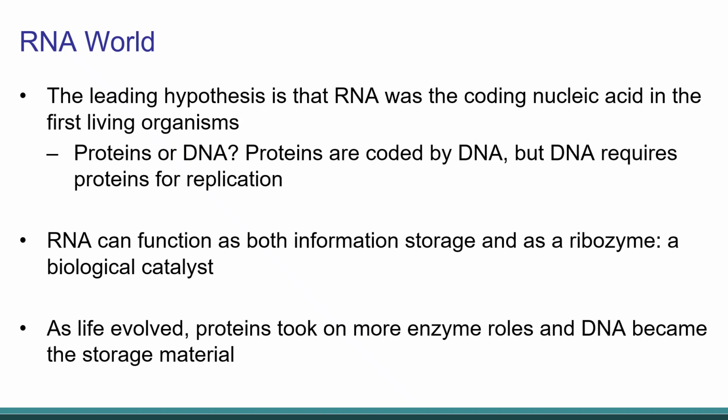So in our first cells, it's thought that the coding molecule that stored and transmitted the genetic information was actually RNA. Now, the reason that scientists think that it was RNA is that RNA actually can function as kind of DNA and as a protein at the same time.